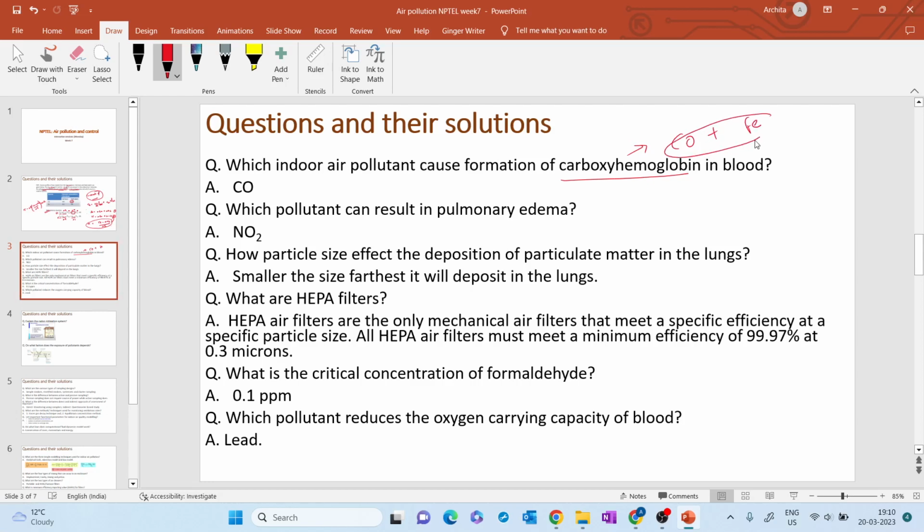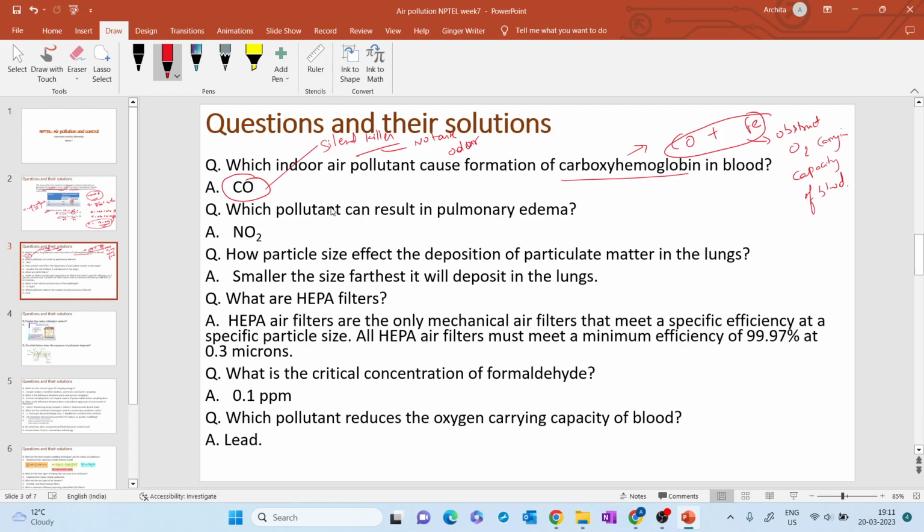So when they attach together, they obstruct or decrease the oxygen carrying capacity of blood. And why is CO so harmful? Because we have seen in the last lectures that CO is also a silent killer, because it doesn't have taste or odor, so you can't even identify if there is any emission of CO or not.